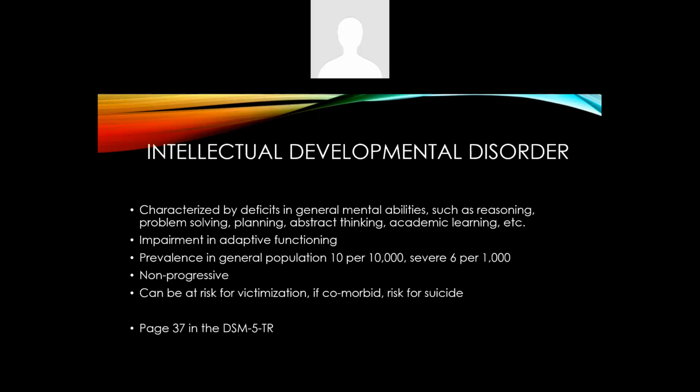So they often might not understand that they're being taken advantage of in different situations. There's also that high risk of suicide, as we see in many, many, many diagnoses that we're going to talk about this semester. So we're always going to have that risk of suicide kind of in the back of our head. And if there's any kind of red flags coming up, please do that assessment.